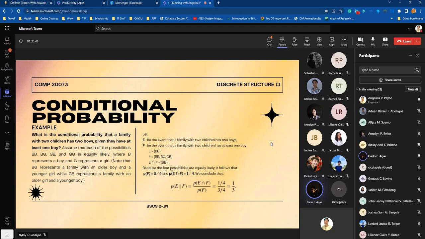Each probability meron dalawang possible option. So 2 times 2, 4. Merong 4 probabilities. So 3 out of 4, tapos yung intersection naman nila is isa lang. So magiging 1 out of 4. Tapos fraction division, 1/4 divided by 3/4 magiging 1/3. Yan. Ganun yung conditional probability. Next naman.